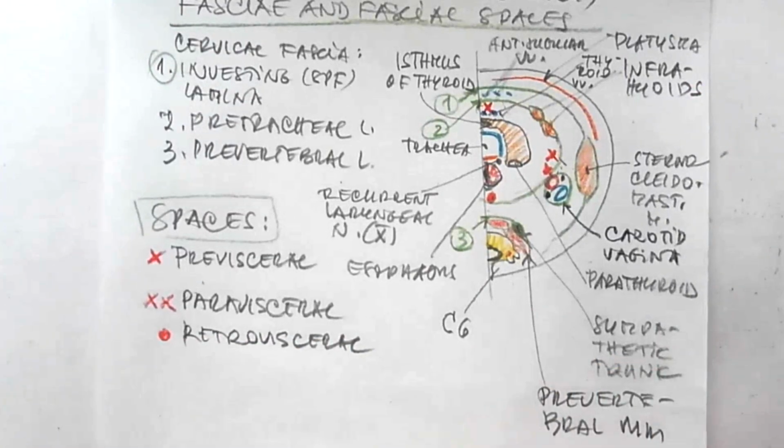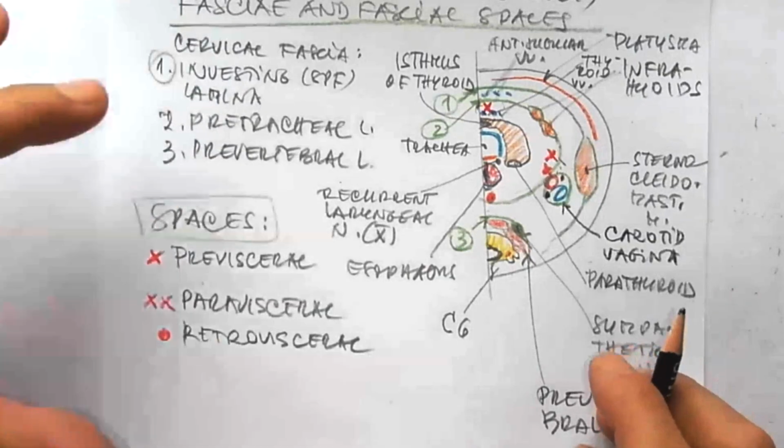So we know some landmarks, then the fascial spaces. In the next paper, we would mention just a few words concerning the importance of the anatomy.